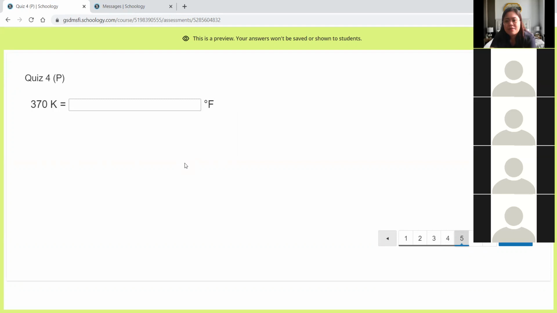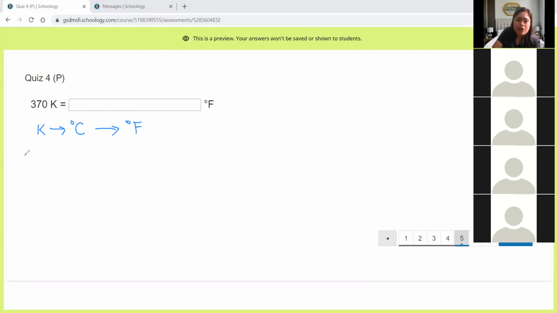So for the next given here, you have to convert 370 Kelvin into degrees Fahrenheit. Remember, we have no equation for converting 370 Kelvin directly to Fahrenheit. So we need to convert Kelvin to Celsius before we go to degrees Fahrenheit.